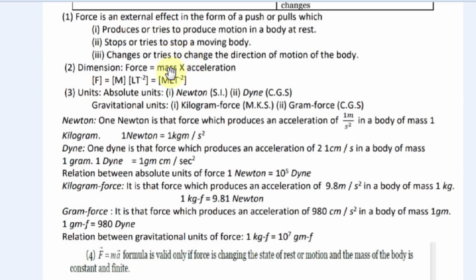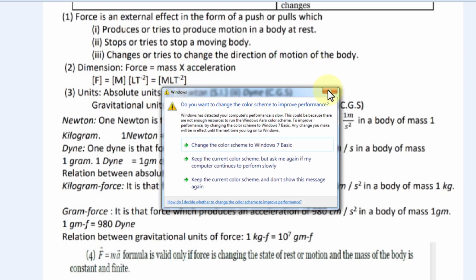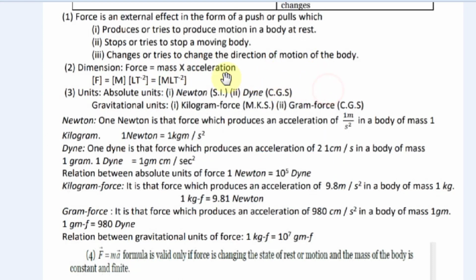We already discussed, whenever we apply force on any body, the velocity of the body will change, and if velocity changes, acceleration will change. So F is equal to m into a. The acceleration produced in the body will directly depend upon the force applied on the body.